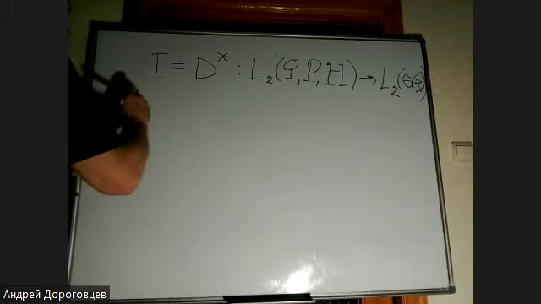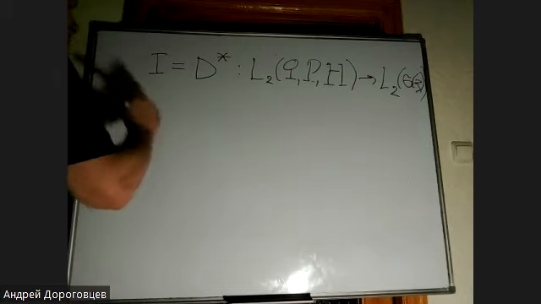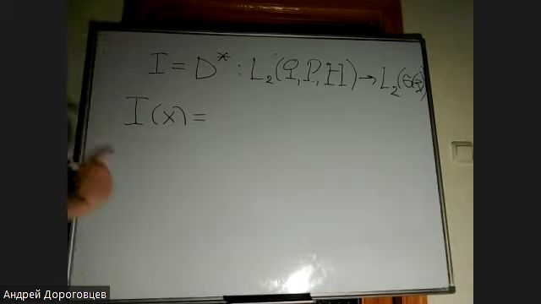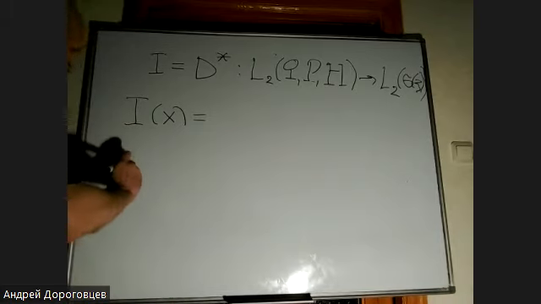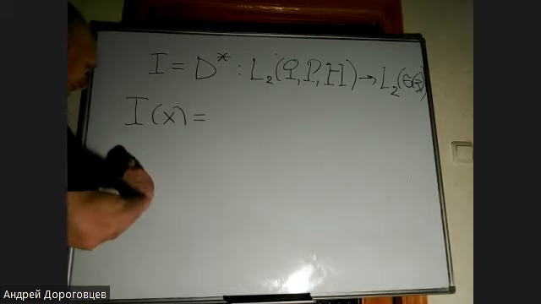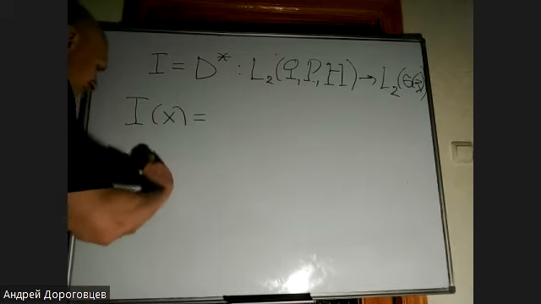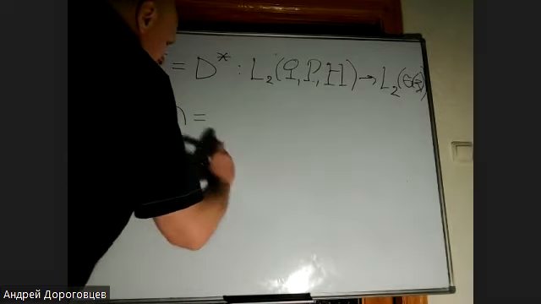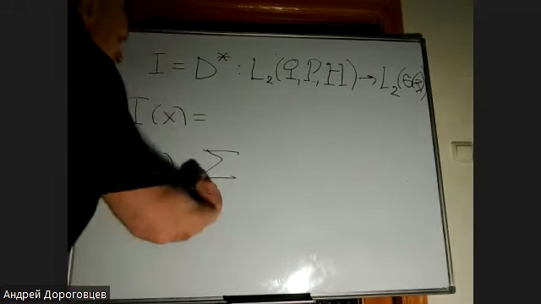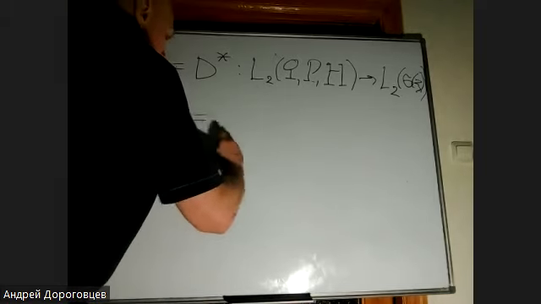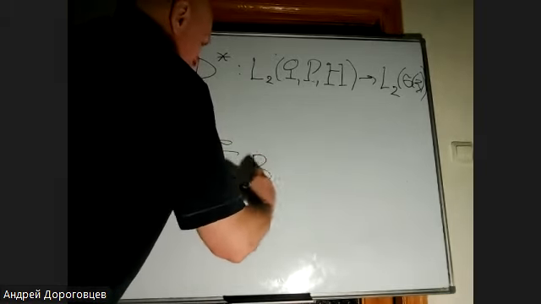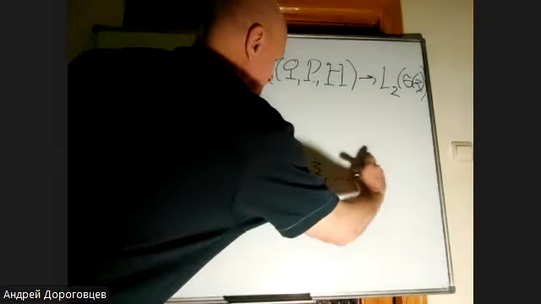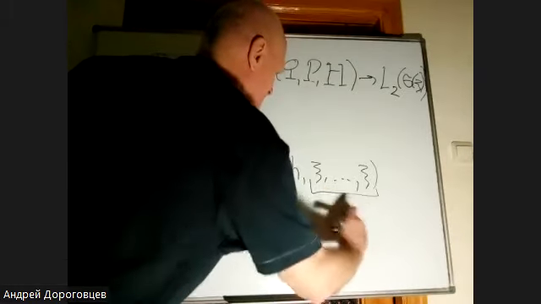Even one can find a representation of delta(X). How do we find it? We suppose that X(h), for any h from our space, is expanded as the sum of b_n(h, psi, ..., psi), where here we have n coordinates.